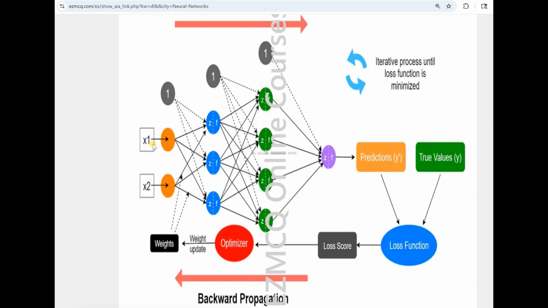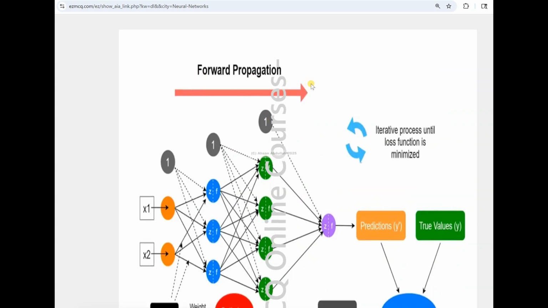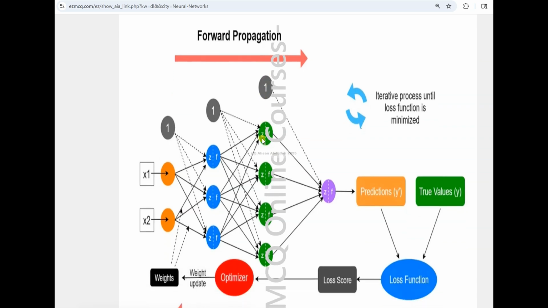First, the training data is put in the network, and each example passes through the network. This is the forward propagation. The model predicts output based upon the current weights. Then the predicted output is compared with the actual target. Using a loss function, you have a loss score, and then you generate the error.